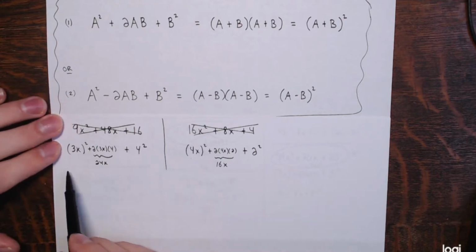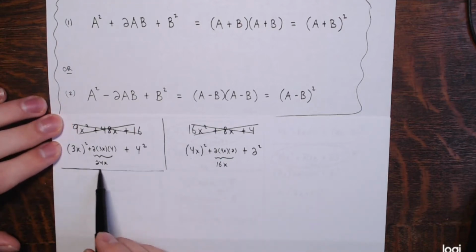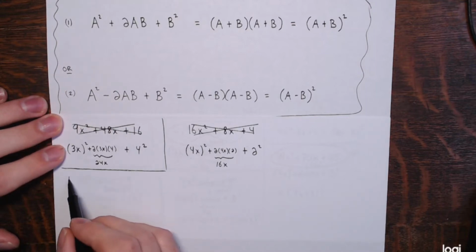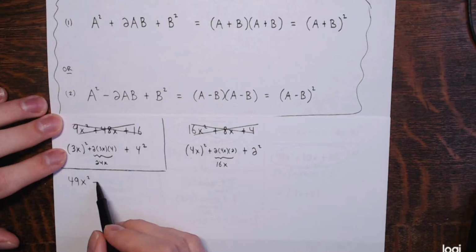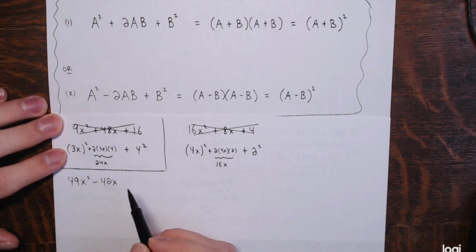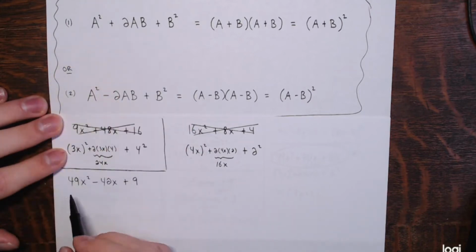All right, the next one we're shown here is 49x squared minus 42x plus 9. So again, the first and last terms we're working out with a squared and b squared. 49x squared is 7x to the second.